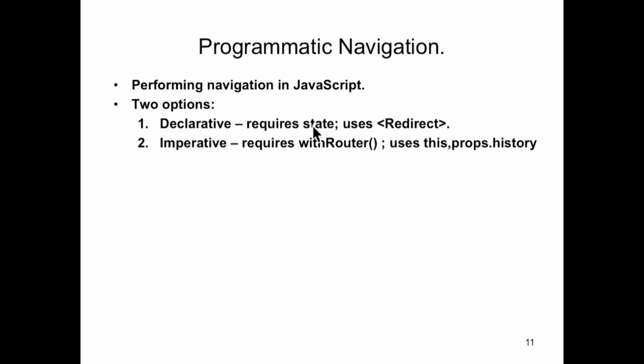So that's one way. The second way is there's an actual history object attached to your props, and this history object has a method called push, which you just invoke, and it has the effect of changing the browser's URL address for us. So it's an imperative programmatic way.